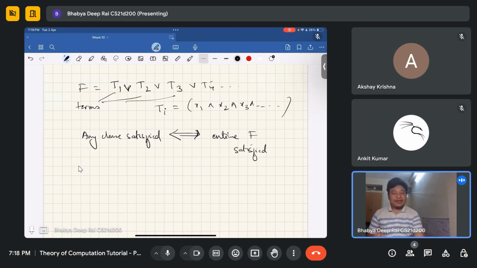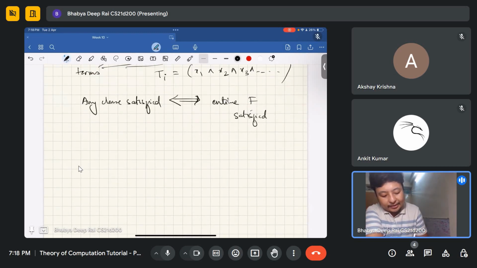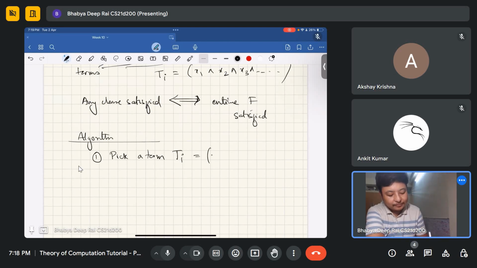So that is my aim now. I want to satisfy any one of these. What I'll do is, my algorithm, or my deterministic polynomial time Turing machine, interchangeable, is as follows. Pick a term, any term Ti, which is of the form L1 and L2 and L3 and so on.